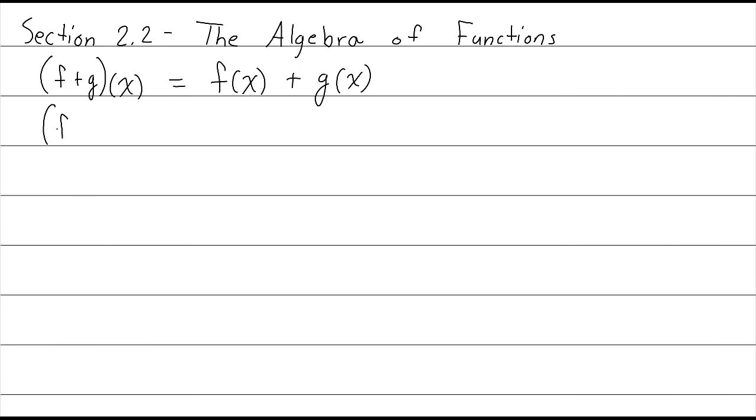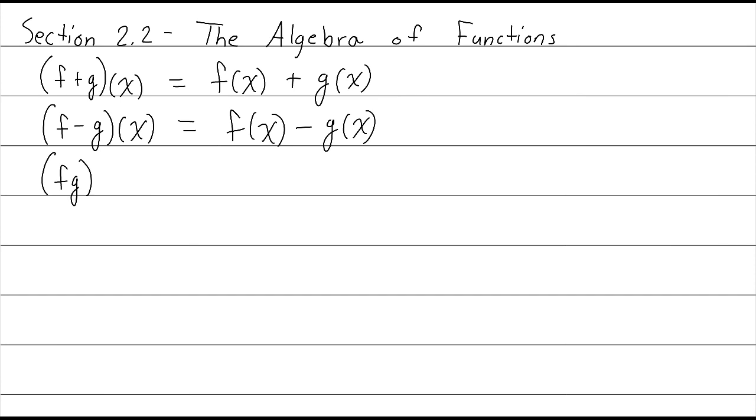Same thing is true with f minus g of x. Honestly, this doesn't even need to be its own set of notation, but I do want you to know what that means. Okay, that means to subtract them. f g of x means f of x times g of x, right? In this case, you multiply them together.